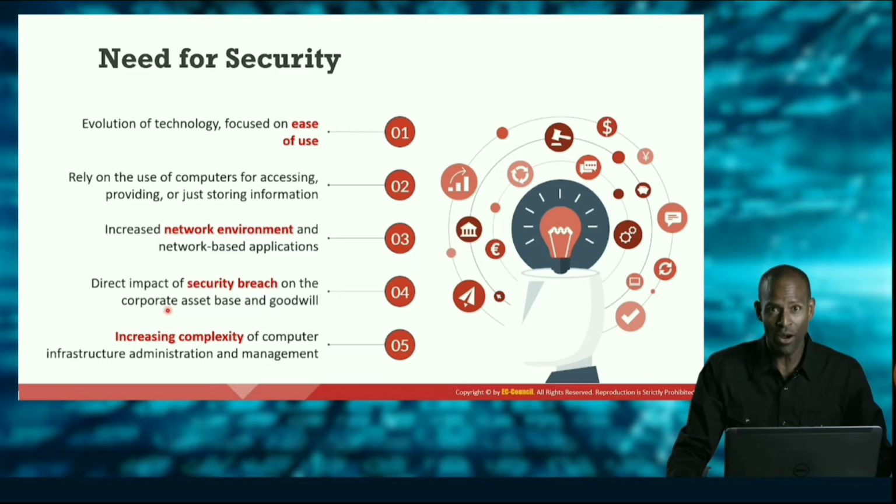No matter what you are, we don't want you to fall prey to security attacks, so that's why we need information security so much. Also, we have complexity that increases layer upon layer in infrastructure and administration and management of information security systems. That complexity also leads to attack. So we have a need for security.